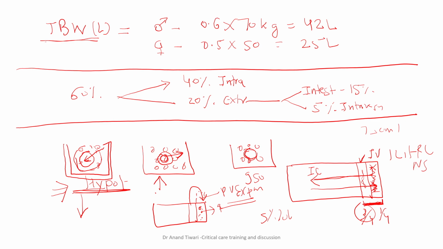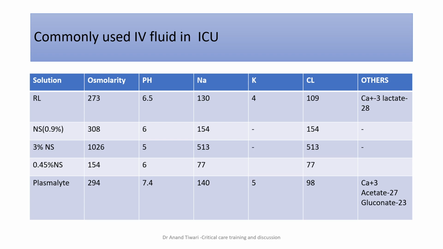However, some of the colloids we are not using, outdated ones, are Hysteril, Volumen and Hemacil, because of the various renal injuries associated with these solutions. So with these physiological principles in mind, let's go and discuss the common IV fluids we use in the ICU.